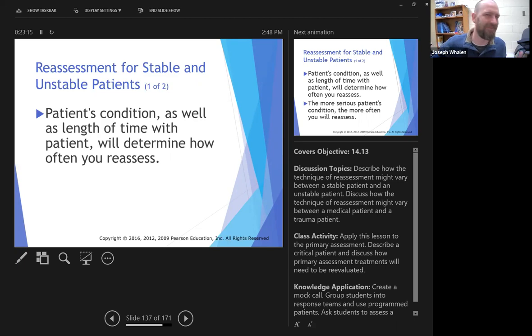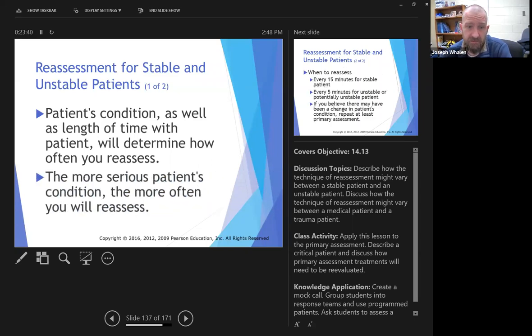So time with the patient definitely plays into this. Their condition, things like, do you have enough people in the back with you? Are you too busy? Those kinds of things can play a large role in how often we get to reassess and everything that we get to do.